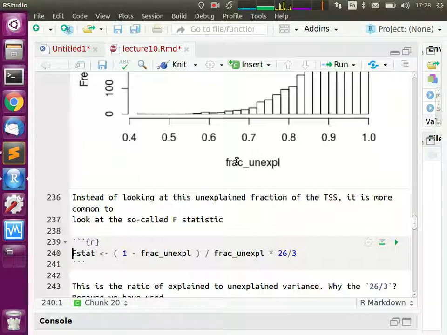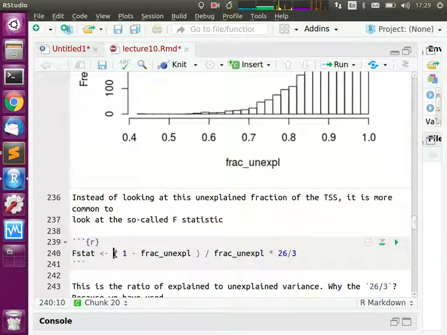So one thing is what's called the F statistic, and the F statistic is given by this formula here. If we are at 0.8, for example, then we would say we have 20% explained and 80% unexplained. So our F statistic is 20 to 80.